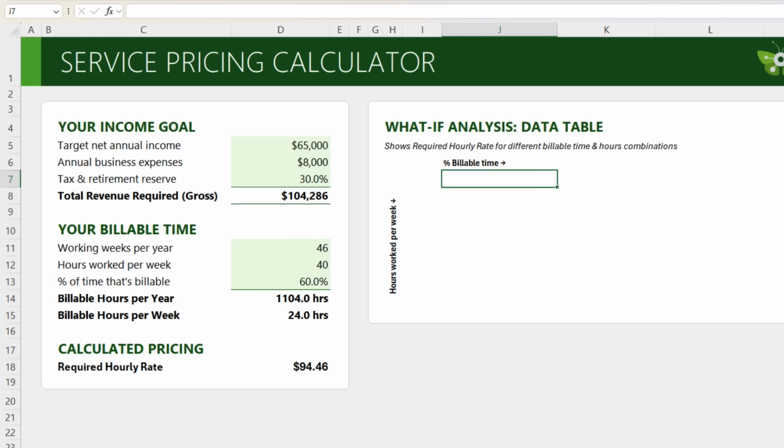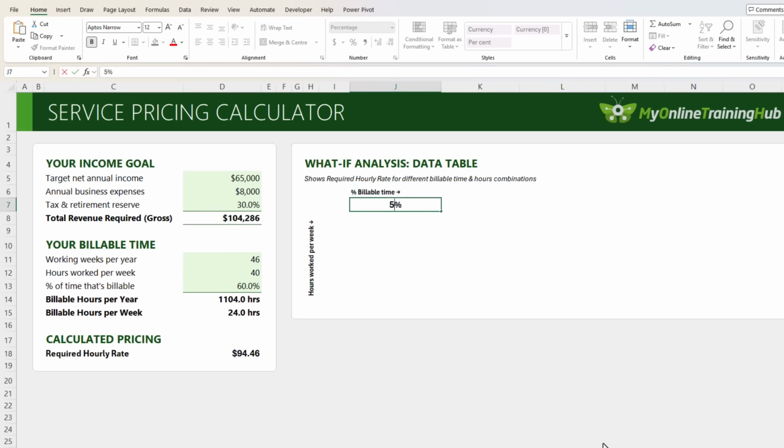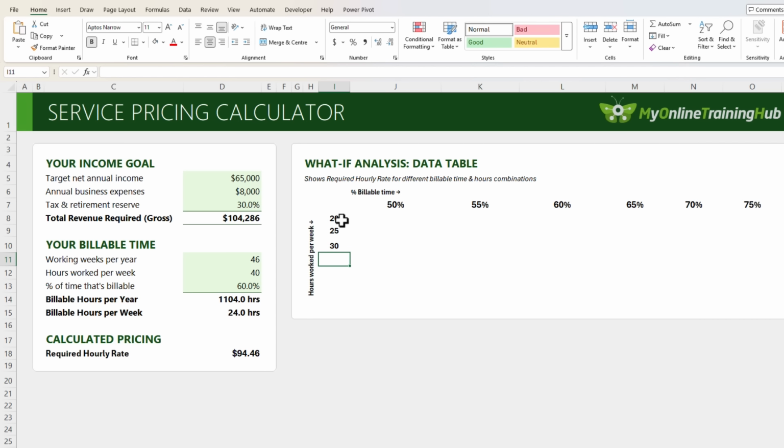So across the top, I'm going to enter the different billable percentages. We'll just go up in 5% increments as far as 75%. And down the side, we're going to enter different weekly hours, again going up in 5-hour increments to a maximum of 50. That would be pushing it, but let's see what the results are.